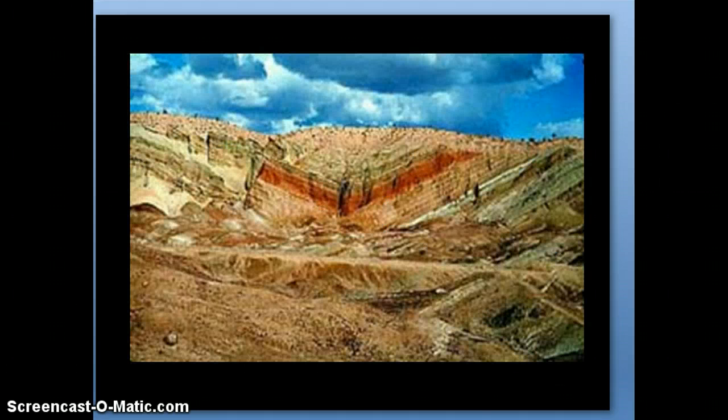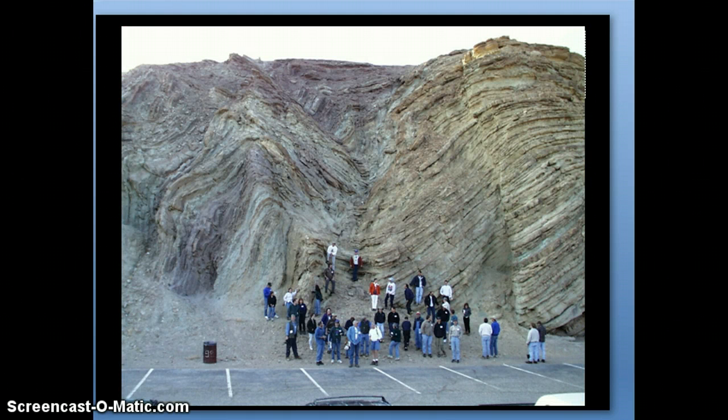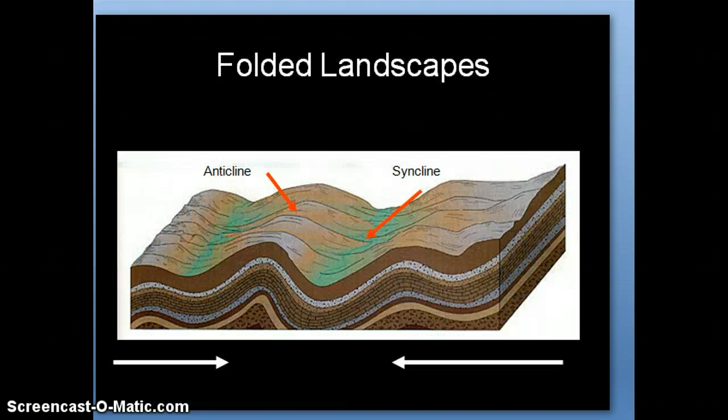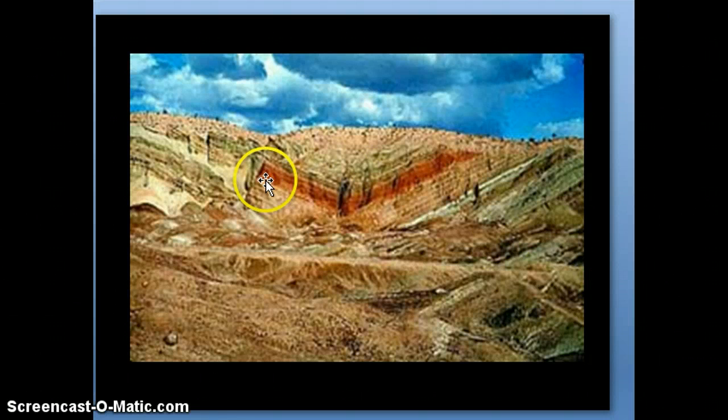So here is an example of a, let me go back to the other slide. This is an example of a syncline. You can see where that layer of rock has been pushed down, but you can also see kind of an anticline on this side with a different layer of rock pushed up.